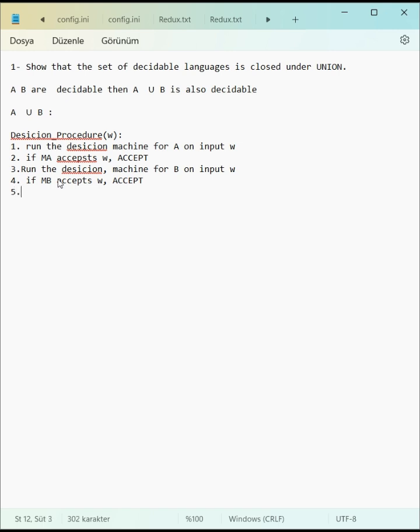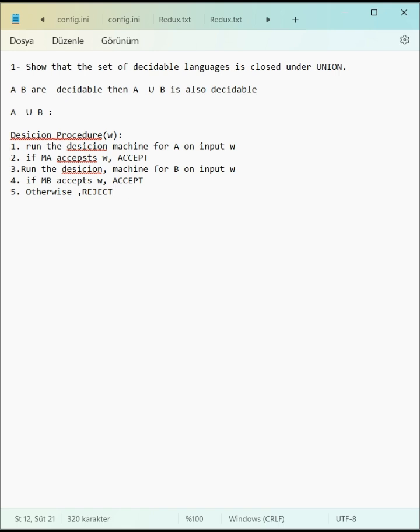And lastly, otherwise reject. This is an example for A union B.